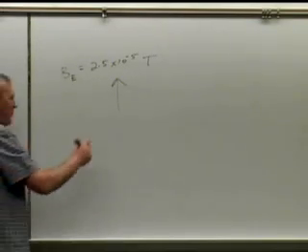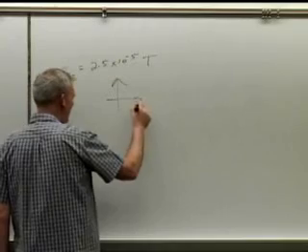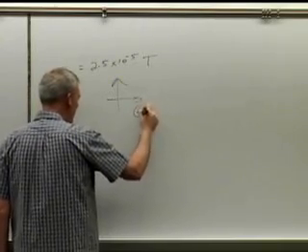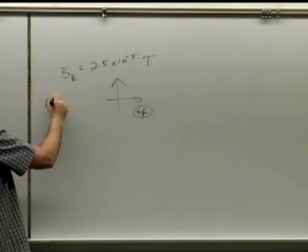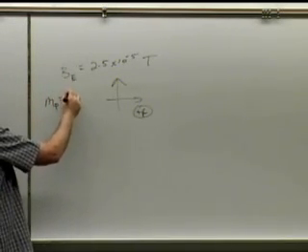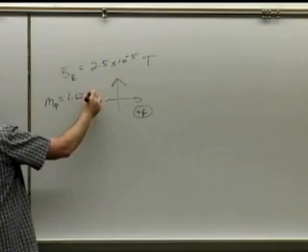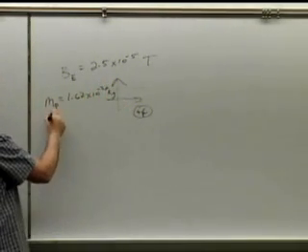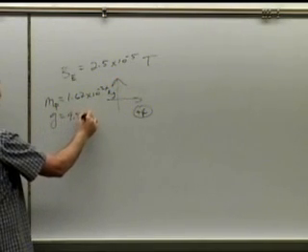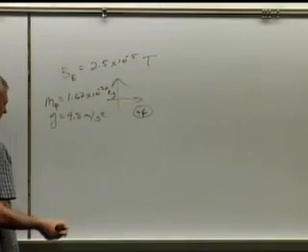Find the speed. So I got a proton moving right here. Positive Q, very good. Mass of a proton is what? 1.67 times 10 to the negative 27 kilograms. G is equal to 9.8 meters per second squared.